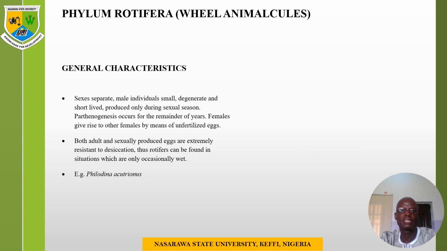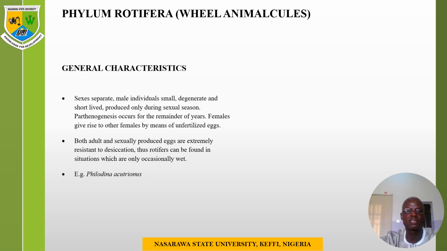The sexes of these organisms are separate. The male individuals are small, degenerate, and have a short life. They are produced only during sexual seasons. Parthenogenesis occurs for the remainder of the year. Females give rise to other females by means of unfertilized eggs.